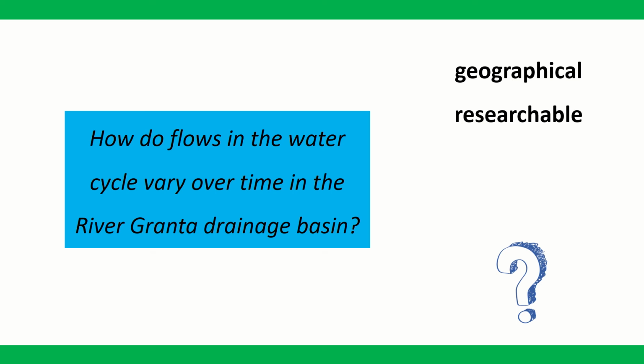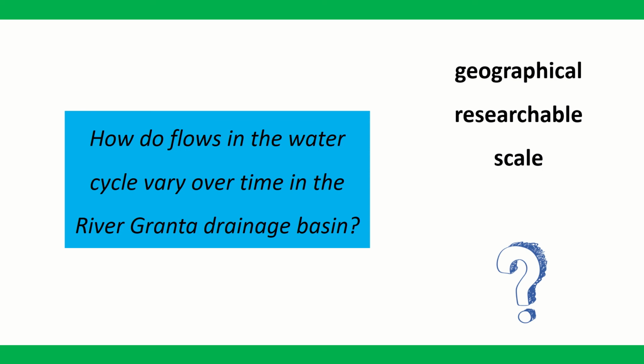Is it researchable? Well, there are a range of flows in the water cycle that you could investigate. You could measure precipitation, you could measure evaporation, infiltration rate, stem flow. There are lots of different flows that you could investigate. What about scale? Well, the River Granta drainage basin is quite specific.